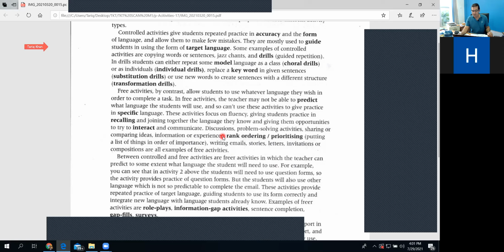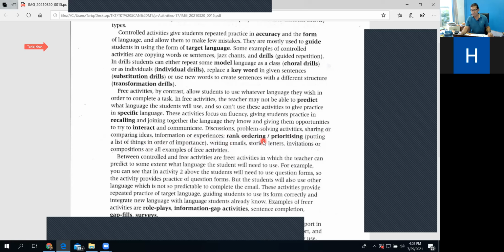Now the types of activities which we can do in these: discussions in the class, problem solving activities, sharing and comparing ideas, brainstorming information and experiences, like somebody has information they are passing on to the next, or somebody is talking about their experiences about something. So all that is part of it.